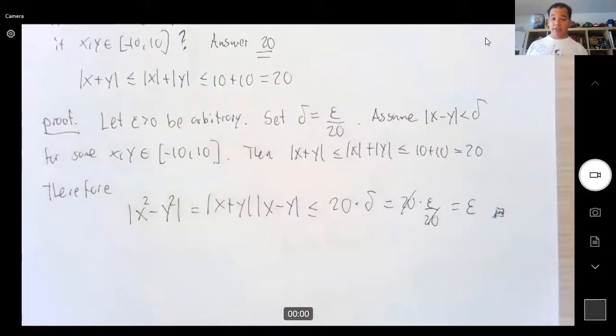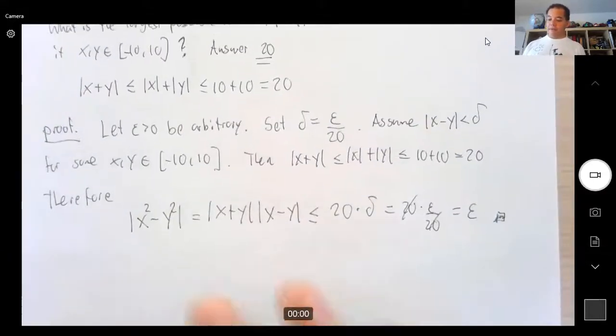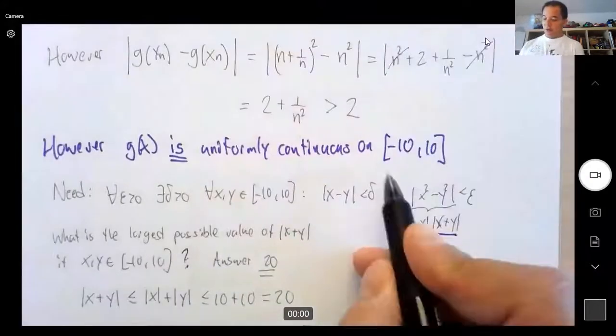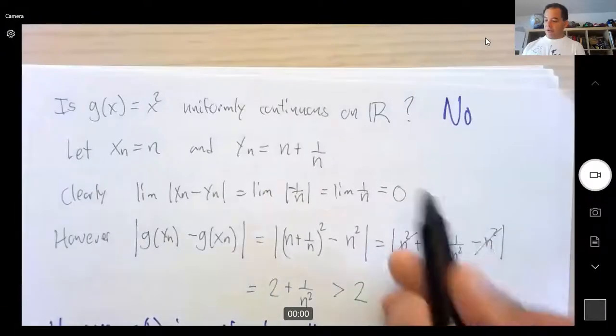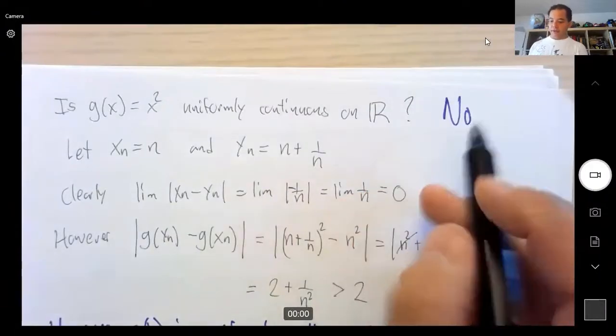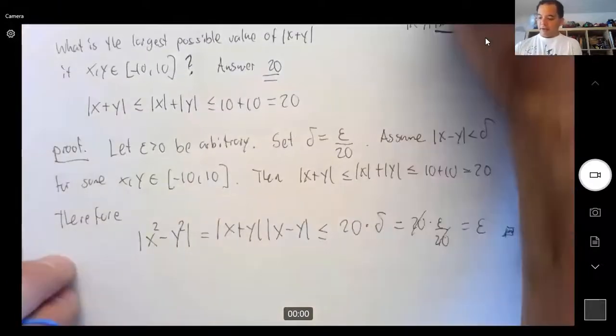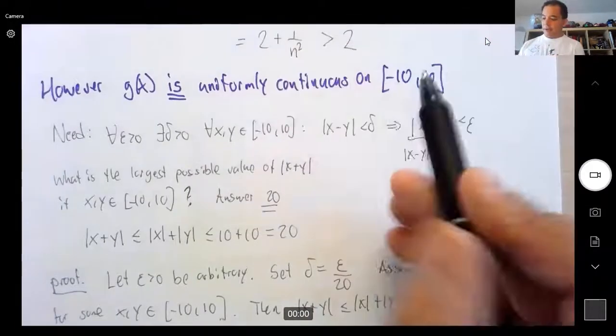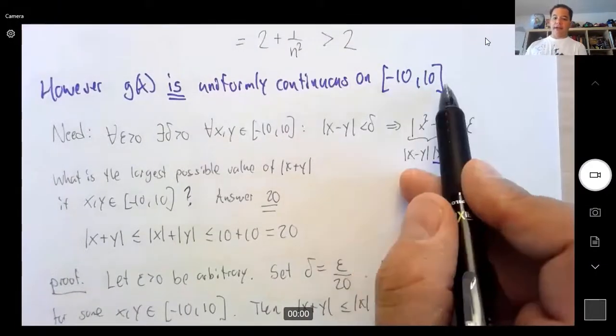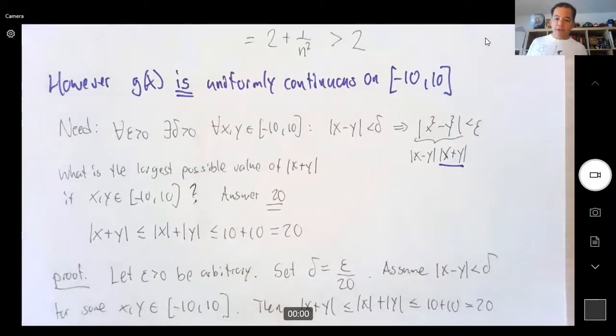That's essentially it. But here, notice the difference. When the domain was negative 10 to 10, it works, but when the domain is all the real numbers, it doesn't work. What if I make it bigger? What if I make it, say, from negative 1,000 to 1,000? Would it still work? Well, yes.